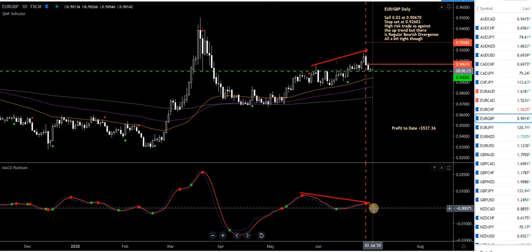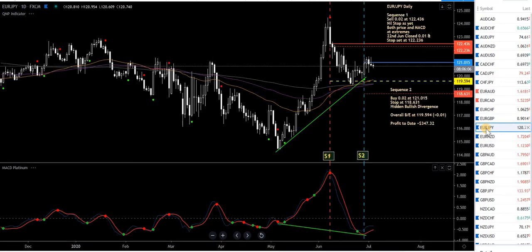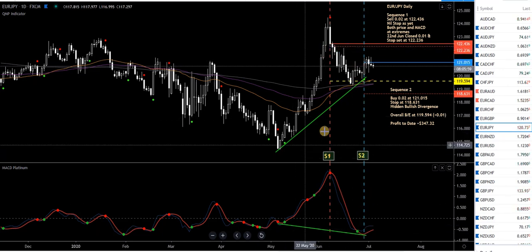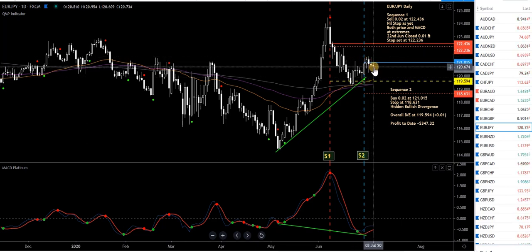So if this goes down to the 0 level on Monday or Tuesday, then I'll be looking at closing at half and tightening that stop up. There's not much wiggle room on high risk trades like that. Euro yen took a sell up here, got a stop in place there, then taken a buy based on hidden bullish divergence. It's gone up and come against me a little bit.